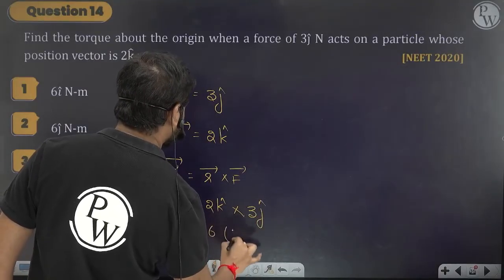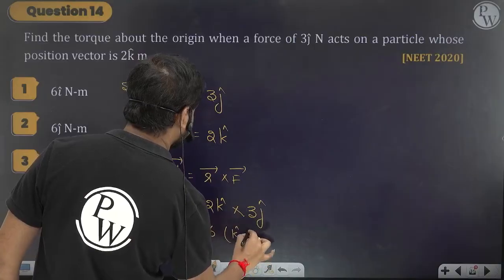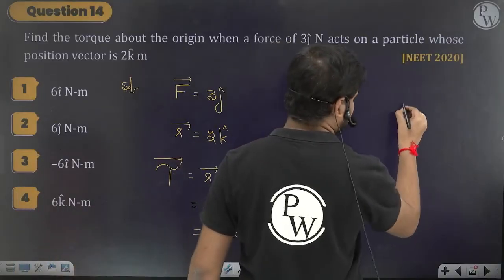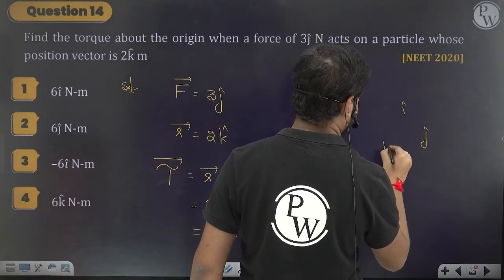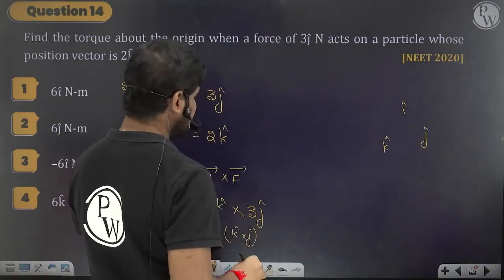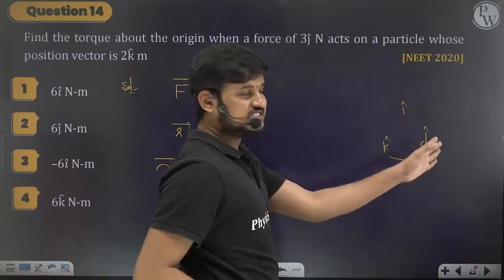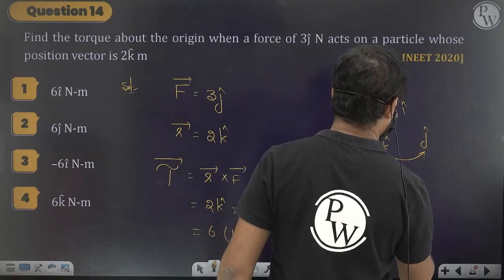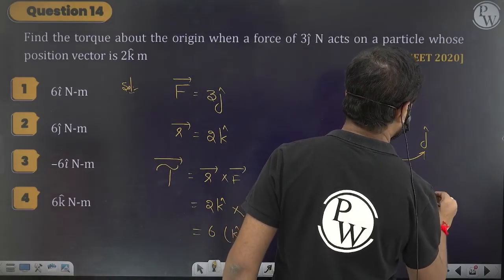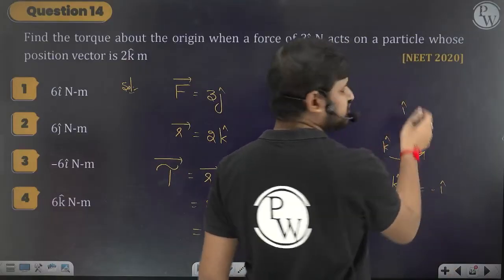Here, what is k cross j? You know this, right? The shortcut is i, j, k. We need k cross j, and that means anti-clockwise, and anti-clockwise is negative. So k cross j will give minus i. If it is clockwise, you take positive.